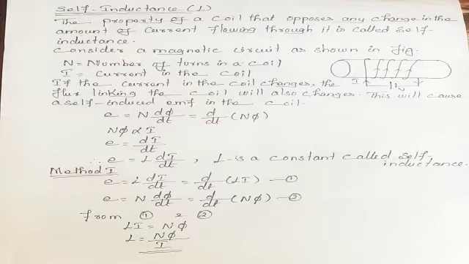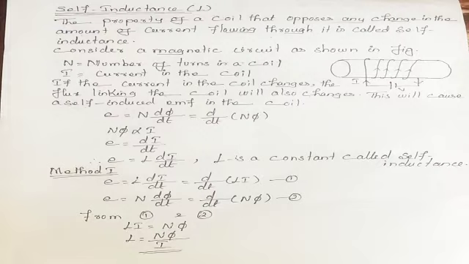The general formula is E equals N d phi by dt. We can rearrange the term as d by dt of N phi. N phi is directly proportional to current, so E is directly proportional to di by dt. So it becomes E equals L di by dt, where L is a constant called self-inductance.